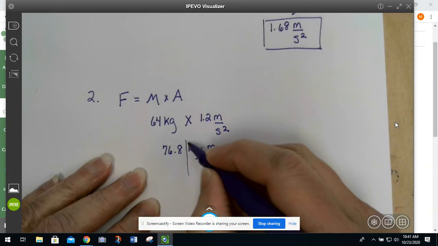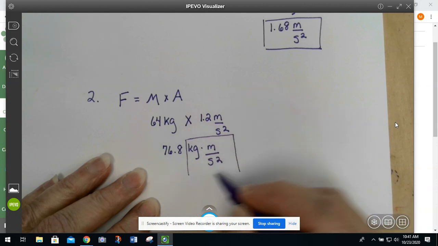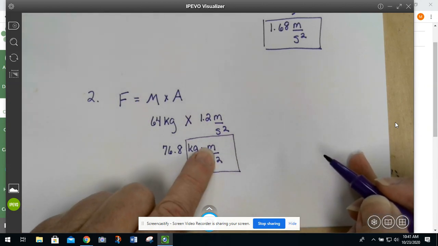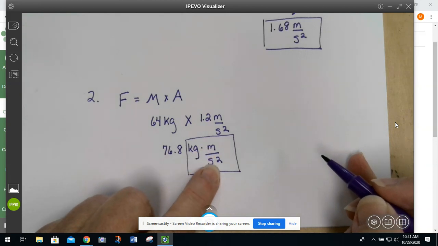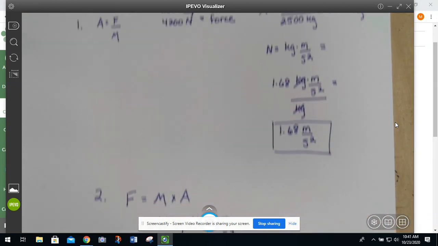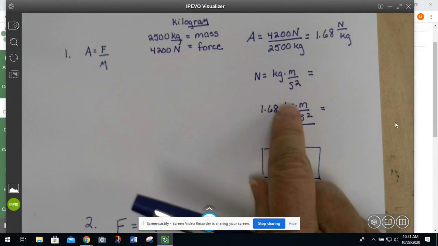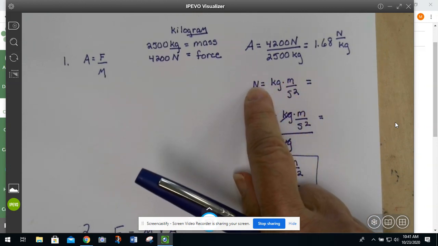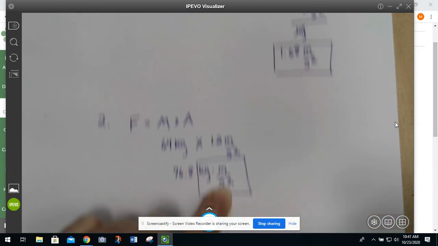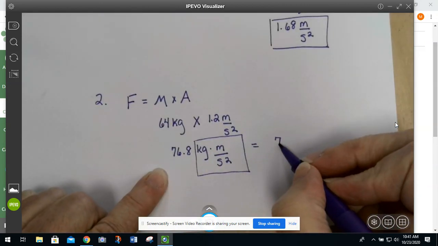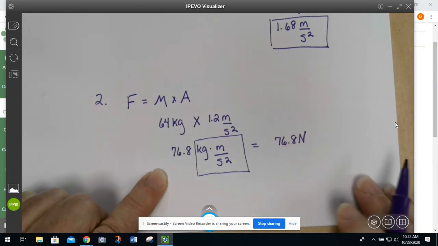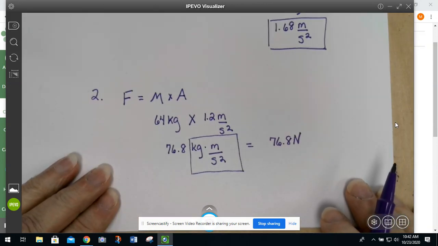But for those of you who are kind of mathy, look what I have. A kilogram meter over a second squared. And see, right up here, a kilogram meter per second squared equals a newton. So really, my final answer is asking for force, and I can just rewrite it and put a newton.